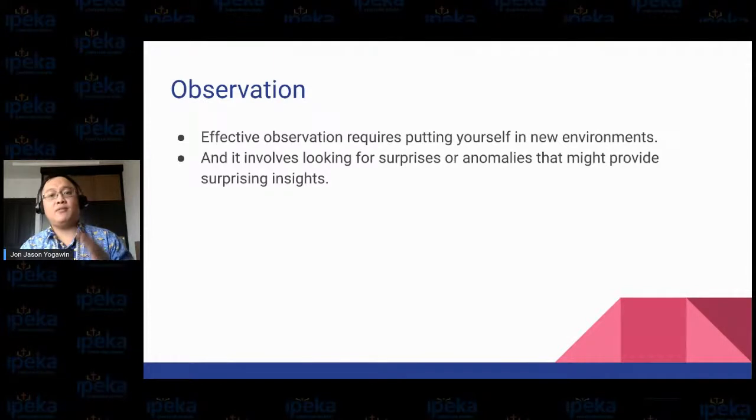Effective observation requires putting yourself in new environments. It involves watching people to see what products and services they hire to help them do their jobs. Once you watch and hone your observation skills, you discover what can change the environment or the certain job that you are watching.